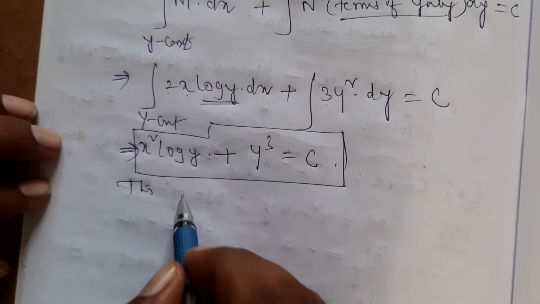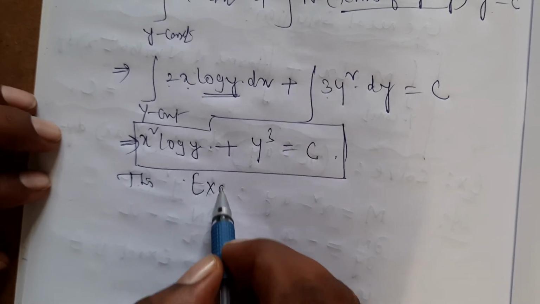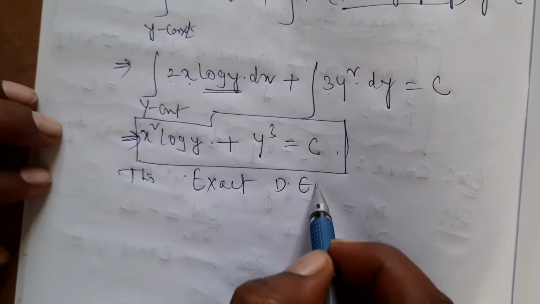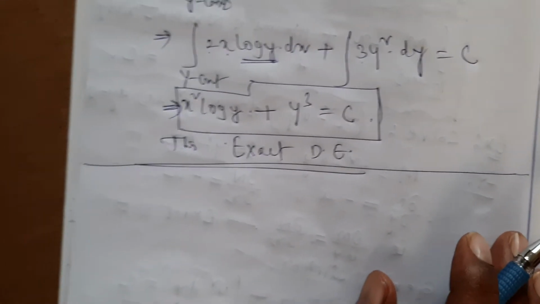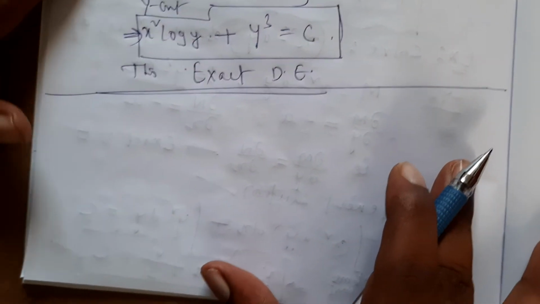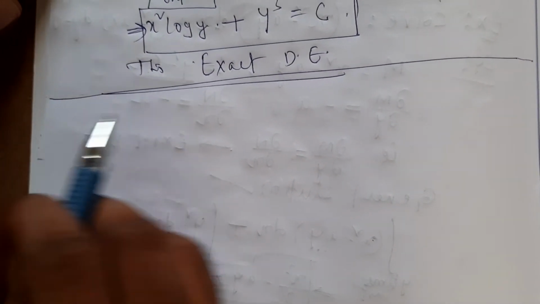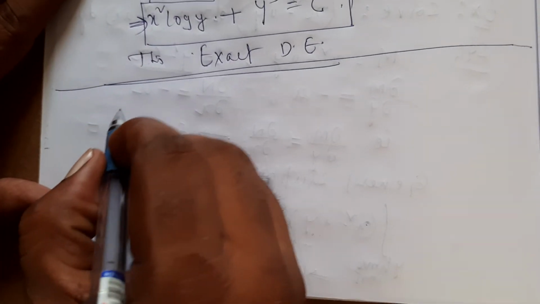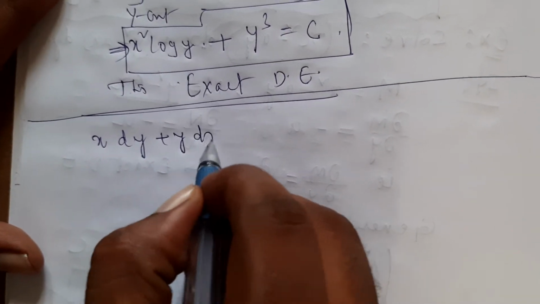So these are the examples based on exact differential equations. Okay, remember this one. Next, after this exact differential equation, from an exclusively competitive point of view, when you solve differential equations, somewhere you will get x into dy plus y into dx.